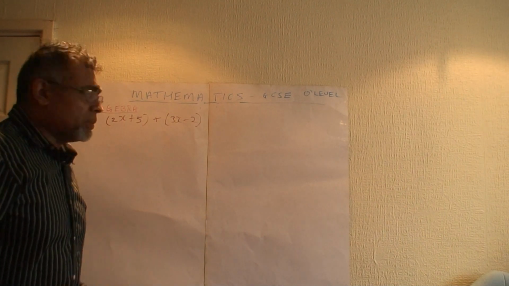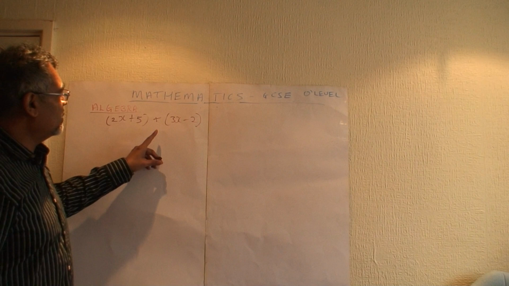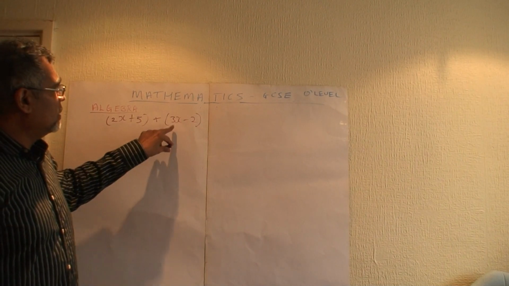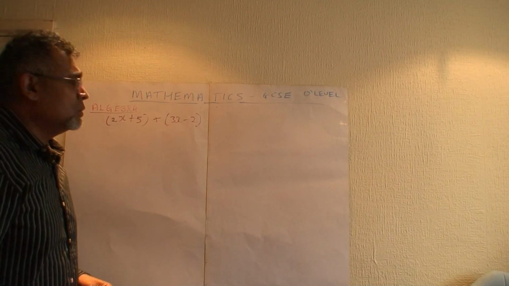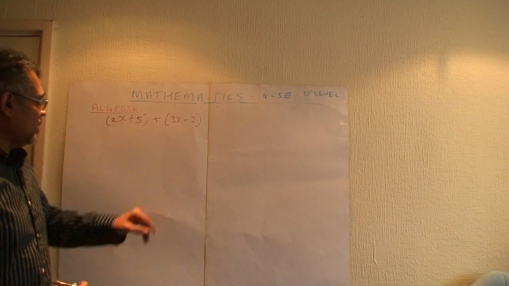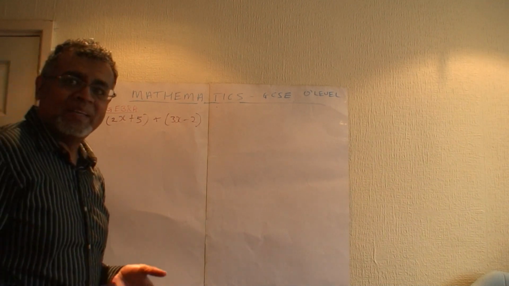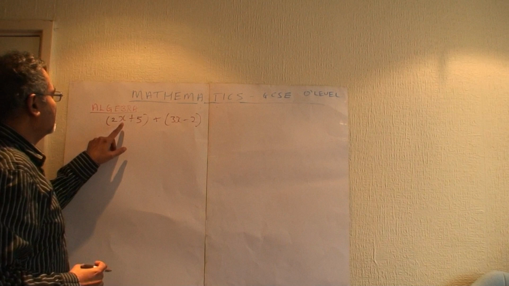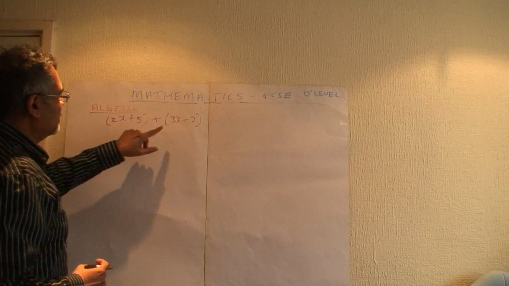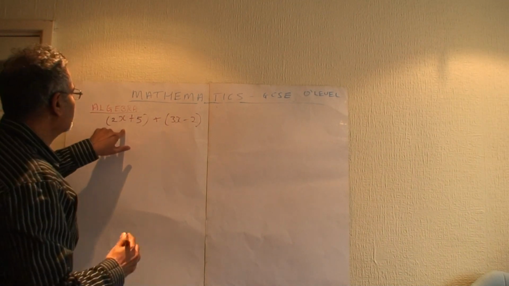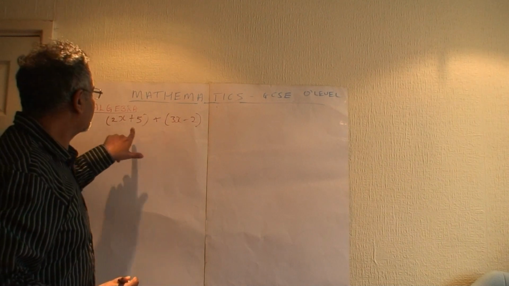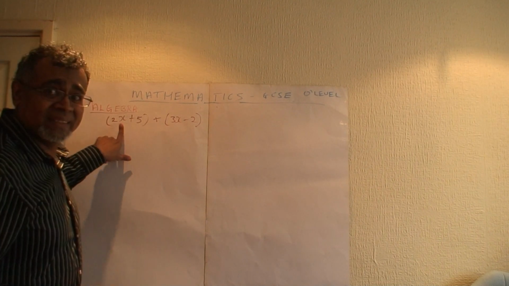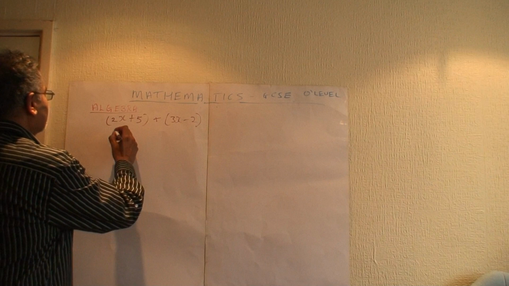So here we have an expression, right? 2x plus 5 plus 3x minus 2. What we do is add the like terms together. So we have 2x and 3x. These are like terms, so 3x and 2x is 5x.